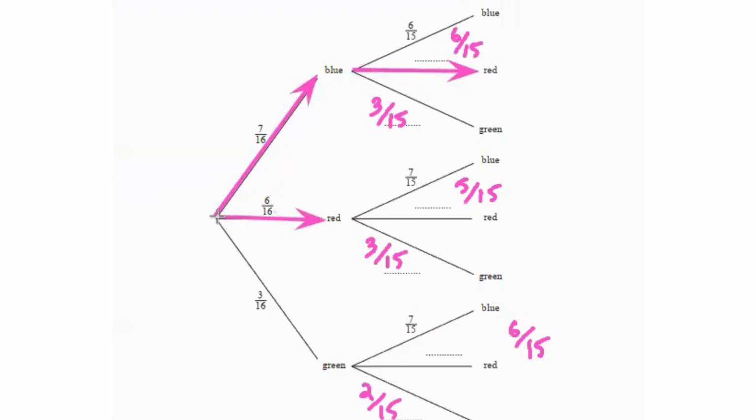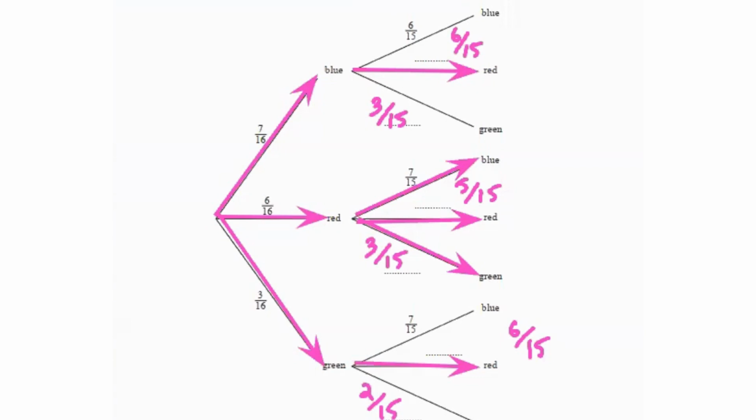She can take a red first, then she can take a blue. She can take a red, and then she can take a red. She can take a red first and then a green. And lastly, she can take a green first, and then she can take a red. So we have 1, 2, 3, 4, 5 different possibilities of her at least taking 1 red counter.